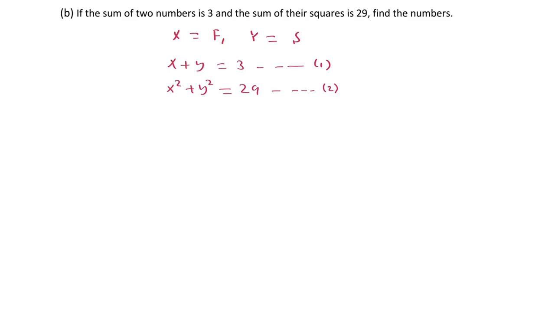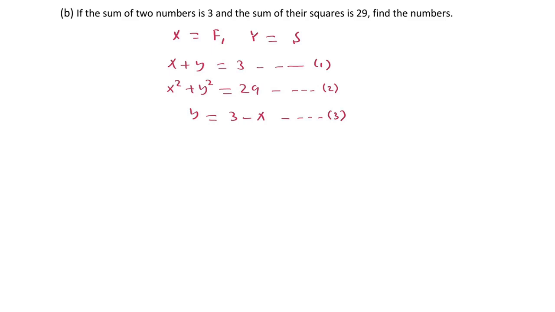Okay, so next, let us make y the subject from equation number 1. We are going to have y equals 3 minus x, and we are going to call this equation number 3. Okay, so now let us substitute equation number 3 into equation number 2.